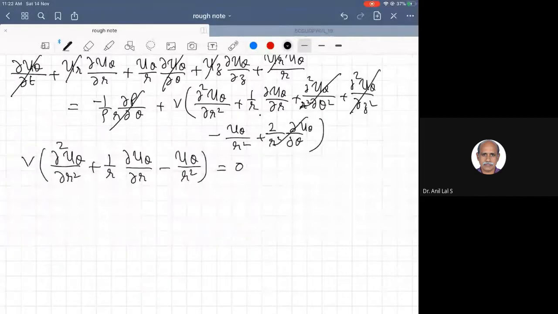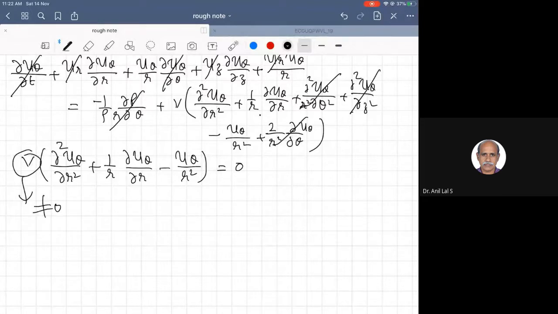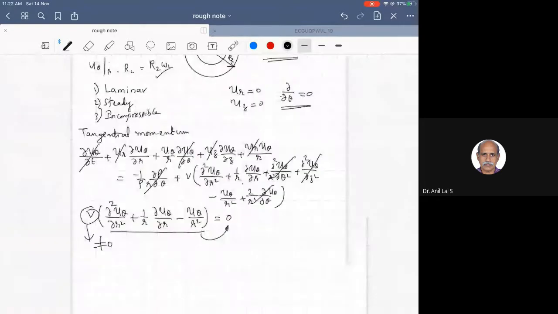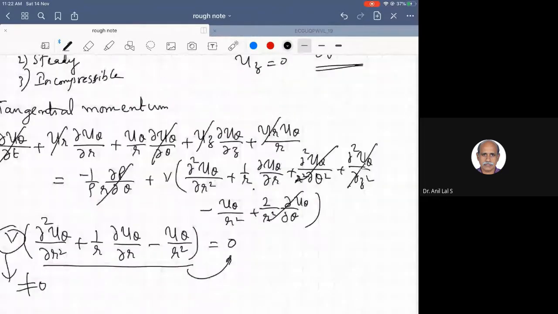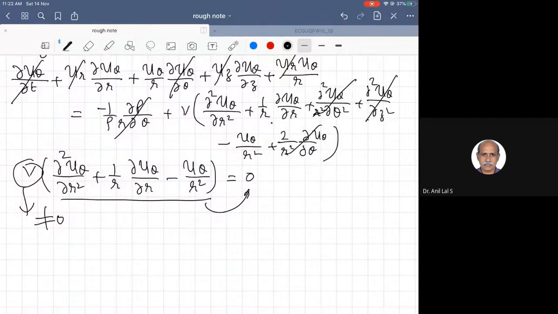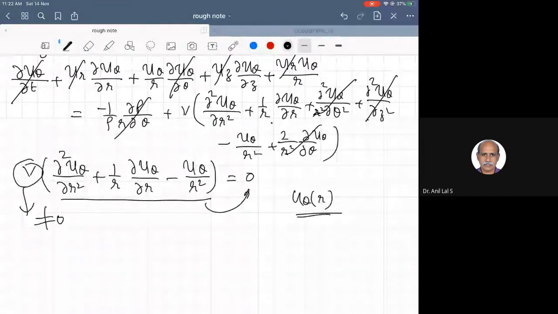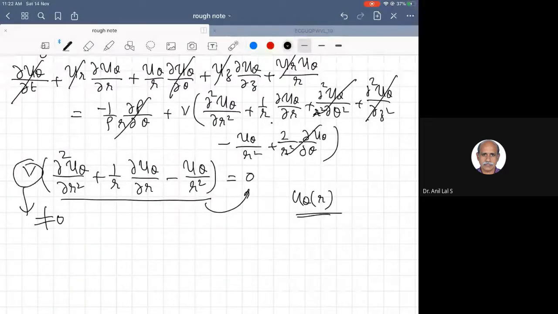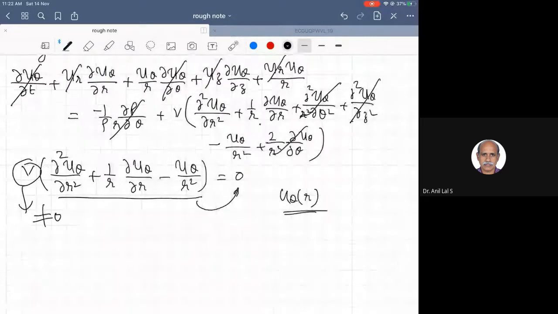And mu is positive, which cannot be 0. So this equation can be satisfied only with this term becoming equal to 0. Also we see here that u theta is a function of r only, so the partial derivatives from the original Navier-Stokes equation become total derivatives.